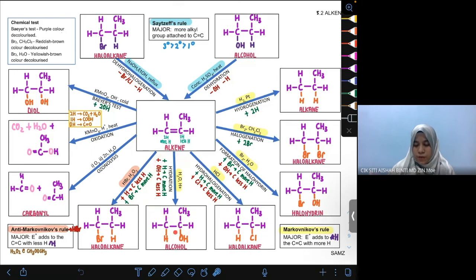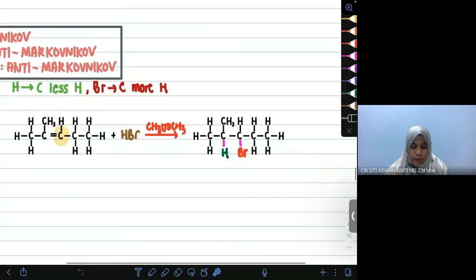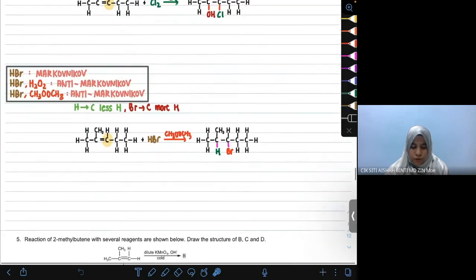This is where we learn electrophilic addition that follows the Markovnikov rule. But there is only one anti-Markovnikov, only applicable for HBr as well. It must be in a peroxide condition, so it is either that or dimethyl ether. So that is question number 4.